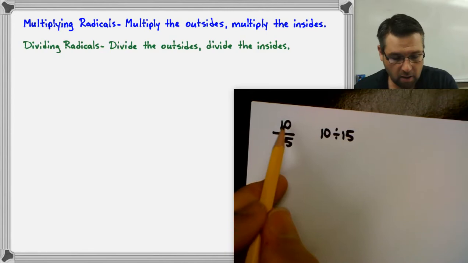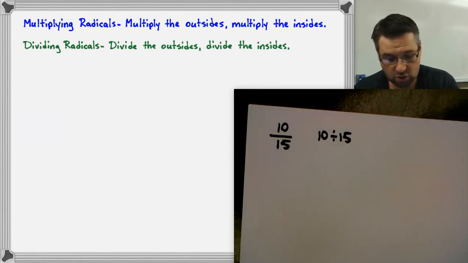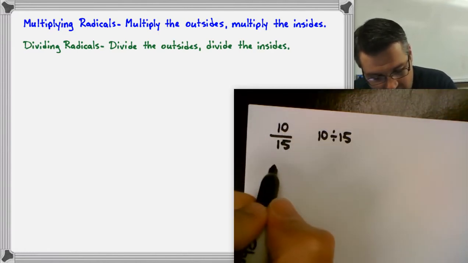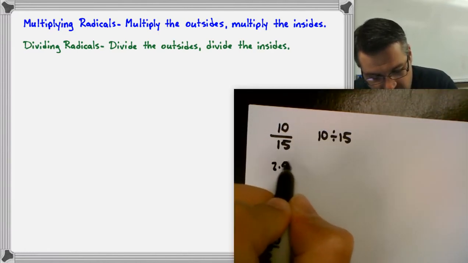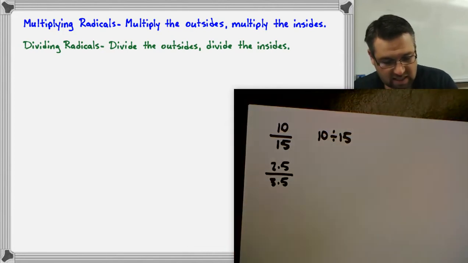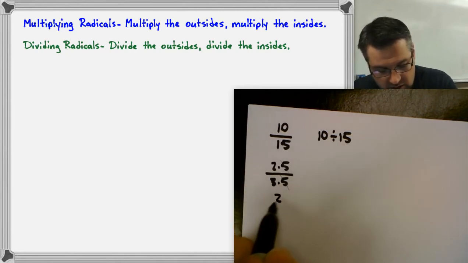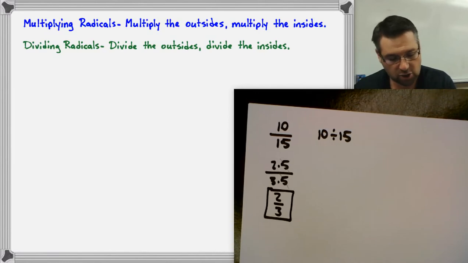What is a common factor of 10 and 15? We can go through and do our factor trees if we need to, but 10 factors to 2 times 5 and 15 factors to 3 times 5. We can see then that the 5s reduce, and so our end result is 2/3. That is the simplified form of that fraction.